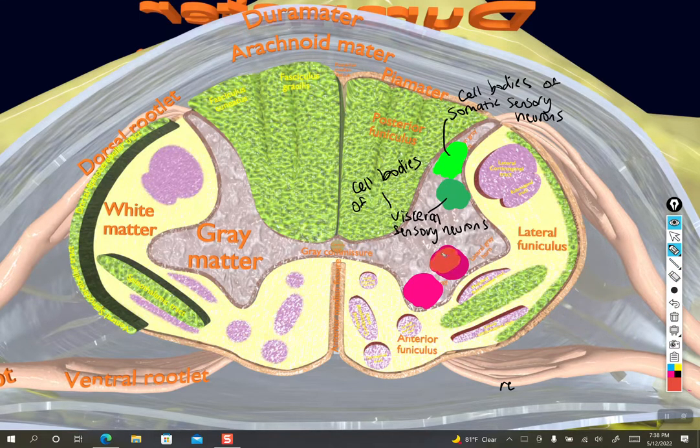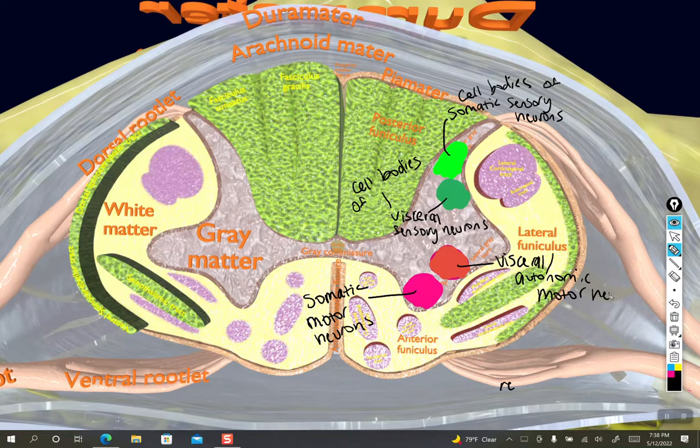So these are the cell bodies of somatic motor neurons, and these are the cell bodies of visceral/autonomic motor neurons.